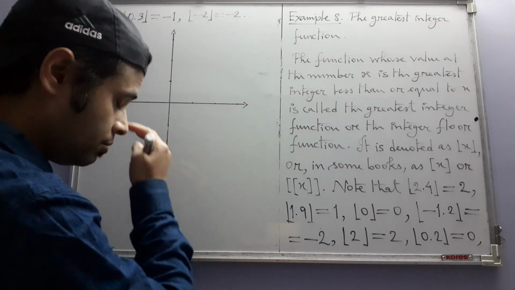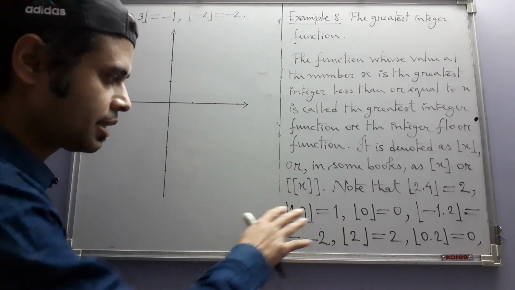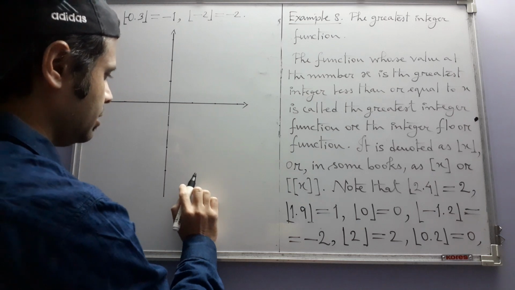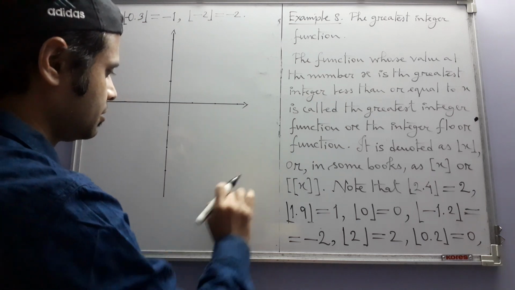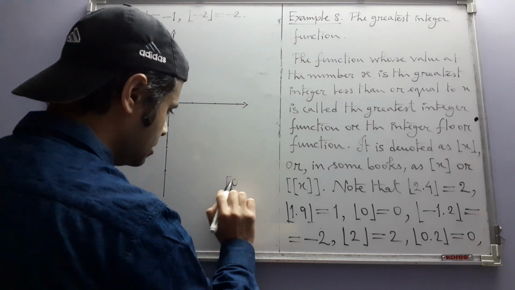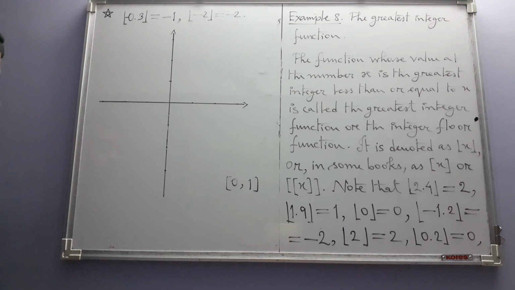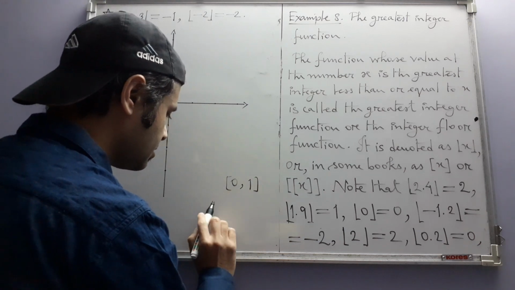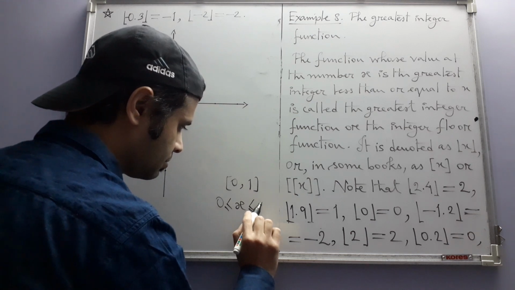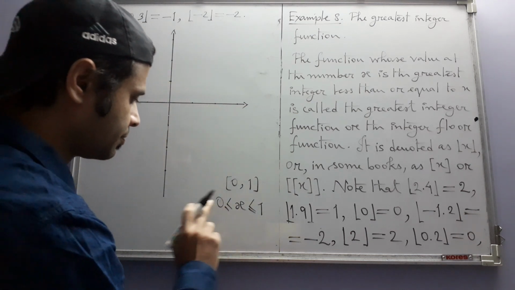Now we have to think of, these are only just some values. We need to know what happens in some intervals. For example, what happens in this interval 0, 1. If your x is lying here, that means x satisfies these inequalities.